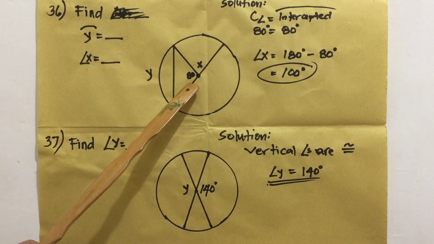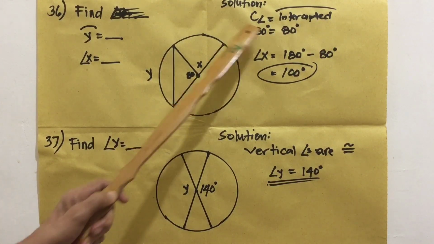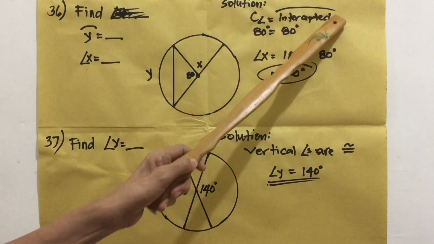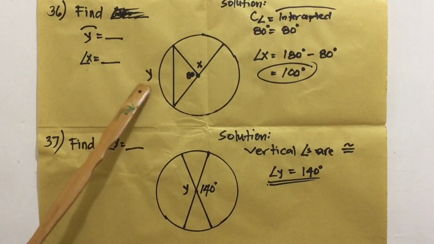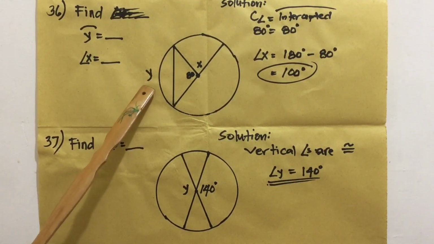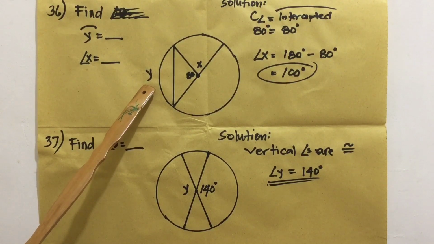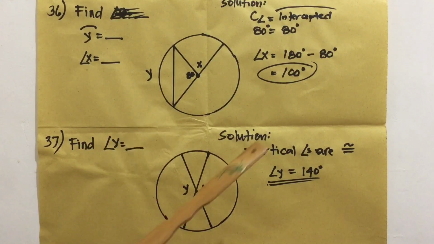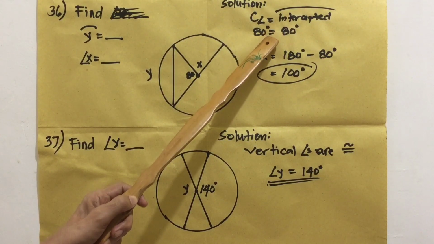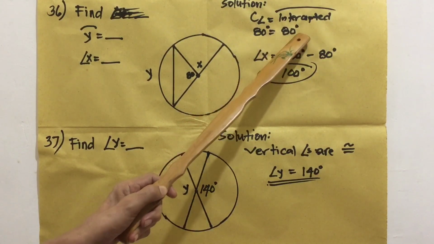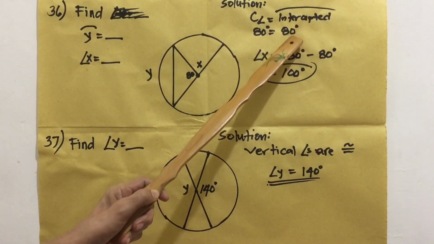Remember our theory is that the central angle is equal to the intercepted arc. Since we have a central angle of 80 degrees, therefore this arc here is also 80 degrees. This is our computation. It's the same with the intercepted arc, 80 degrees.